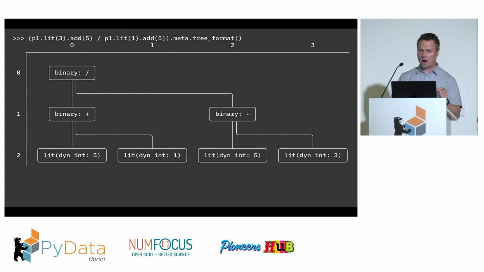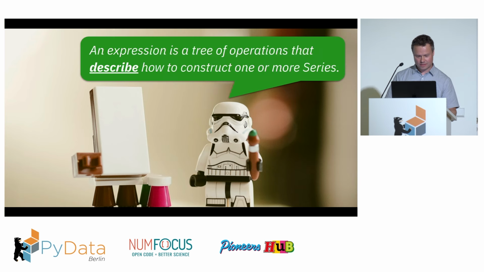Especially when you combine multiple expressions using arithmetic, comparison or Boolean operators, you will end up with a tree. They describe how to construct one or more series. They don't actually do the things themselves. They're lazy. They're merely a recipe of how to do something. That's also what the definition in the official Polars documentation used. They're lazy, and this has a lot of benefits, as we'll see later.